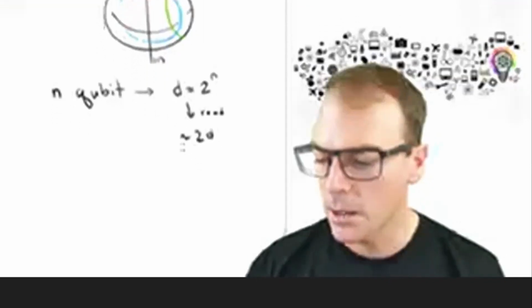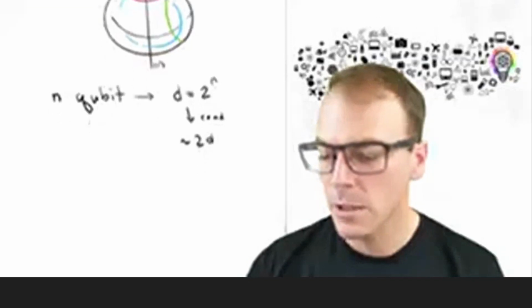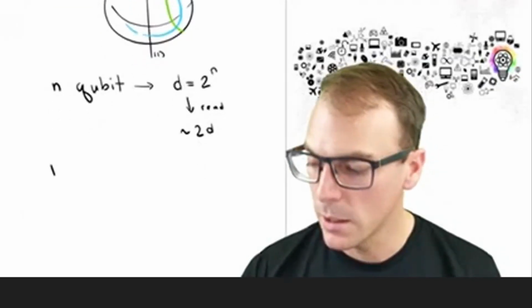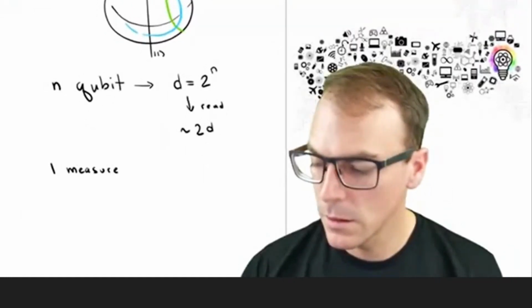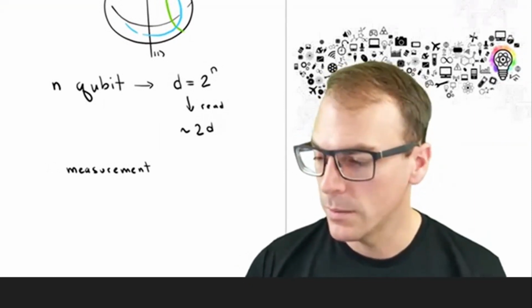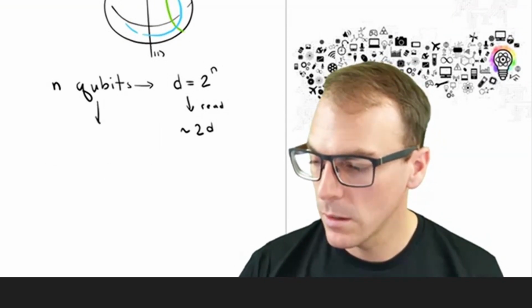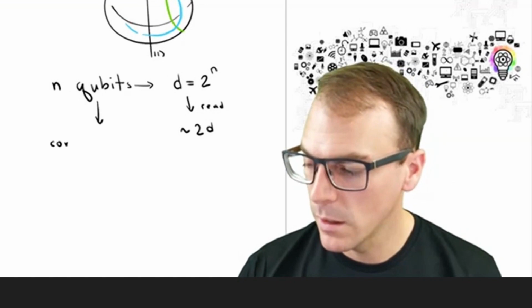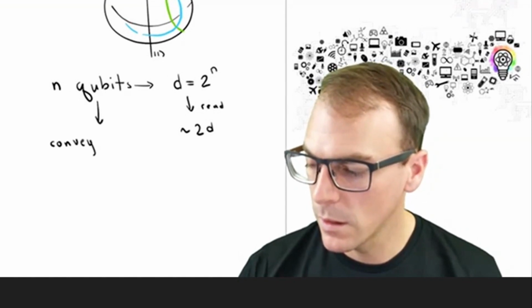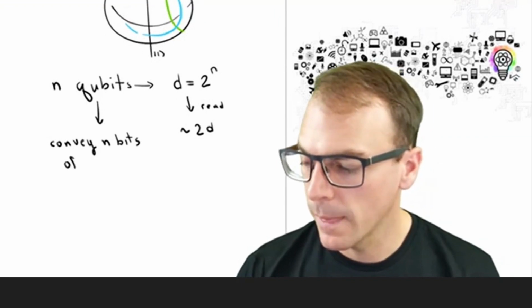By the way, the fact that a single measurement, or one type of measurement, or another way to say it is, n qubits can convey only n bits of information.